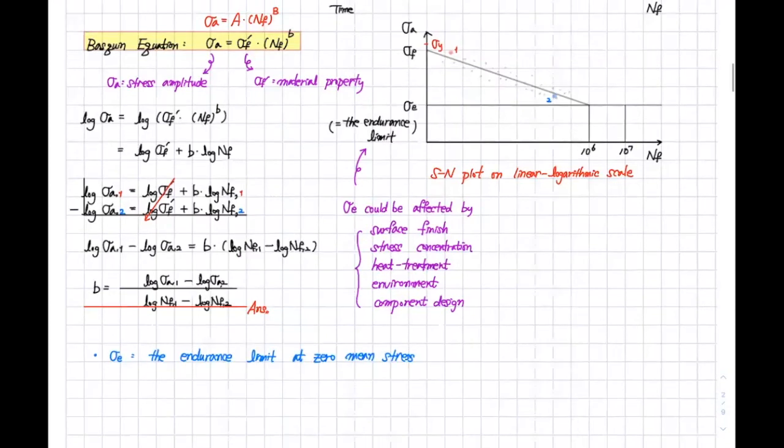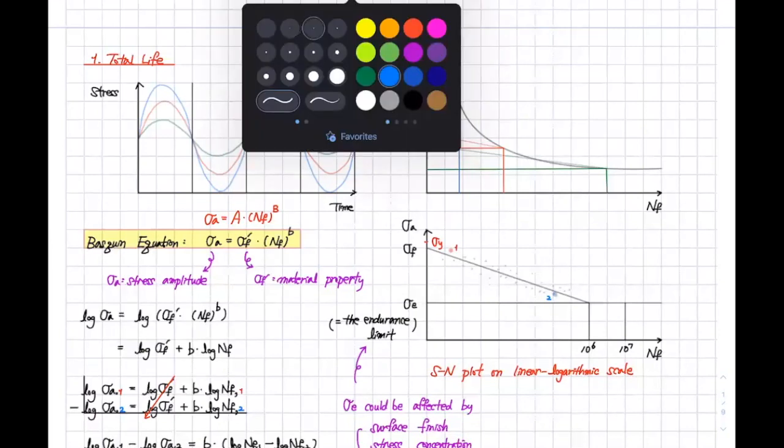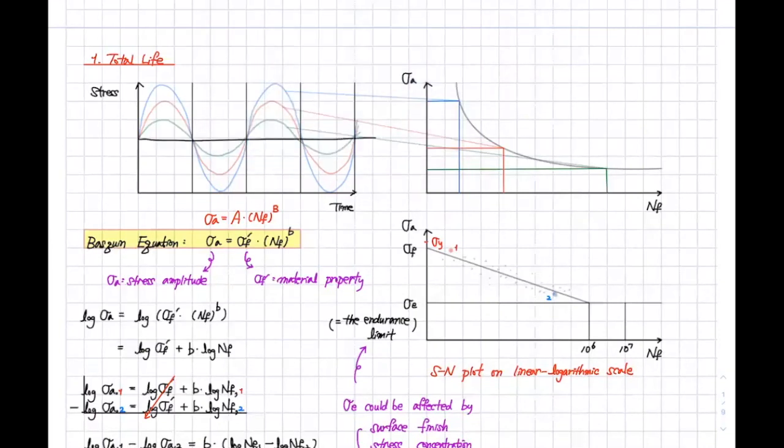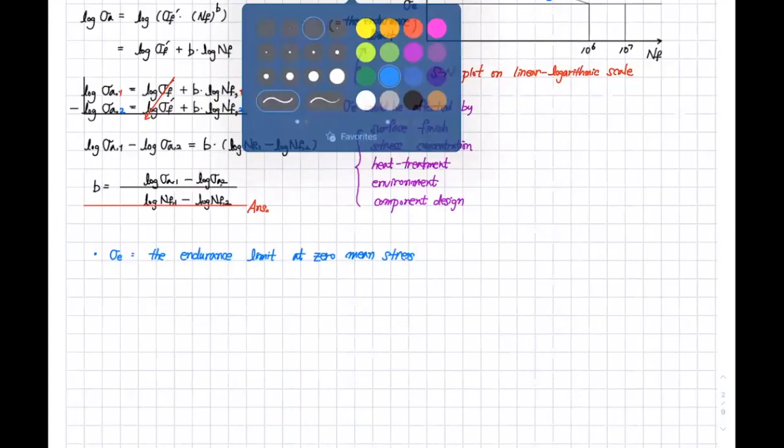Don't get confused: I didn't mean zero stress, the stress could be negative. What I'm saying is this S-N curve with the Basquin law always assumes zero mean stress, which is reverse loading conditions, like up and down: tension, compression, tension, compression. So this endurance limit at zero mean stress is important for you to double check.